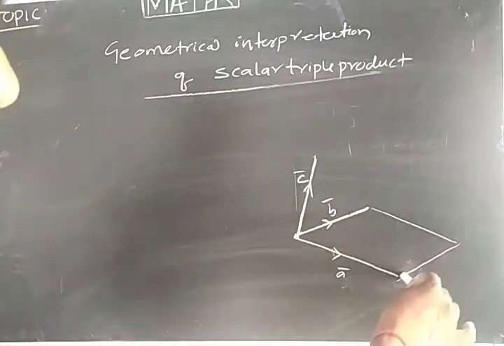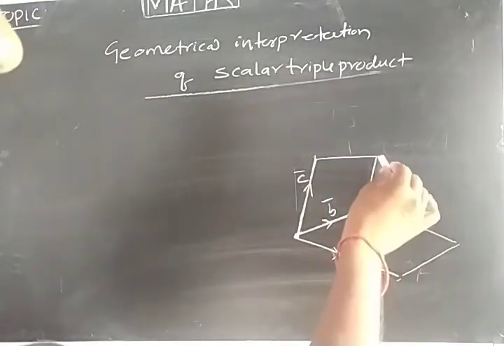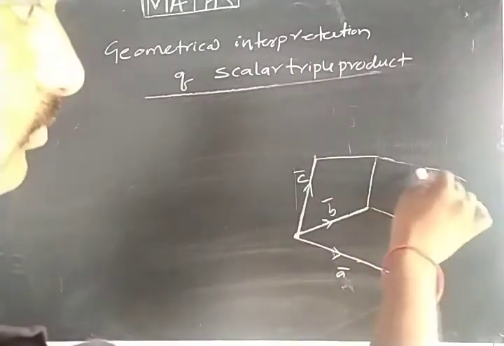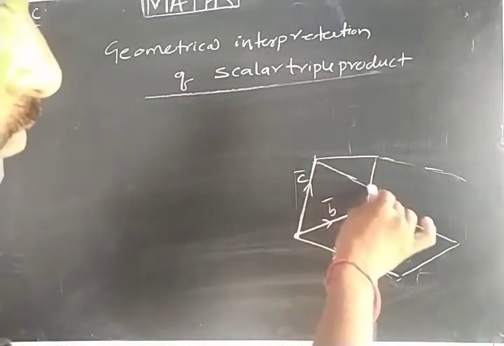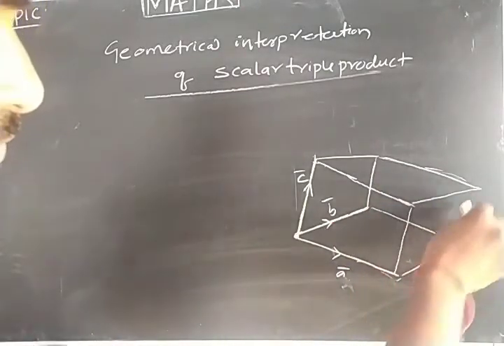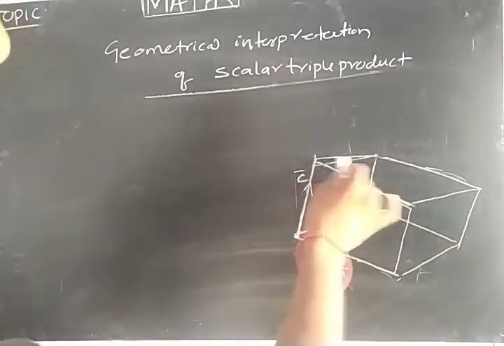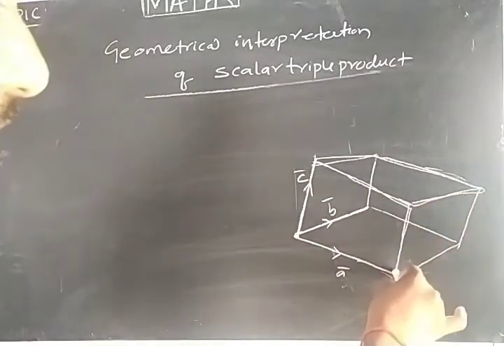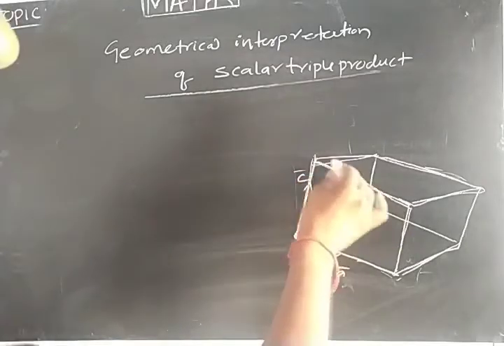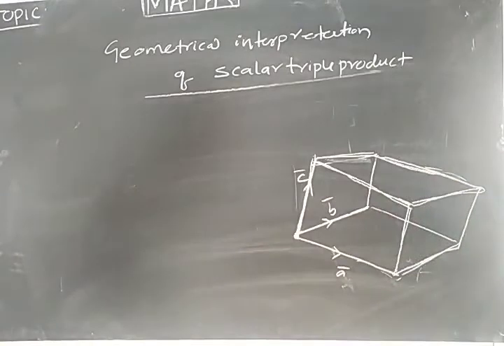A parallelepiped is a box whose faces are parallelograms, just like a cuboid, but in a cuboid the faces are rectangles, while here the faces are parallelograms.